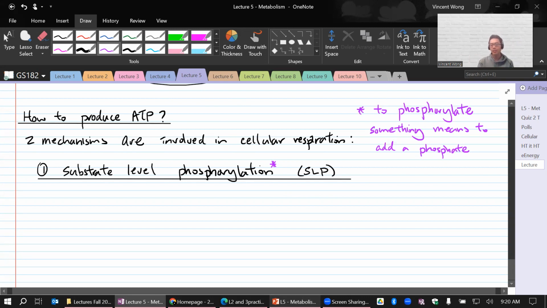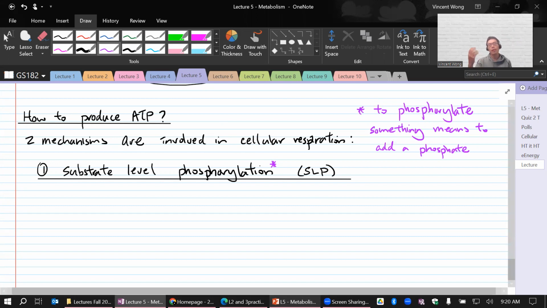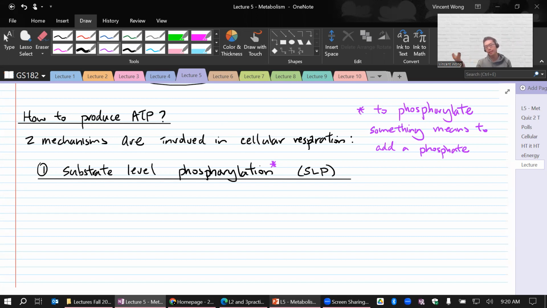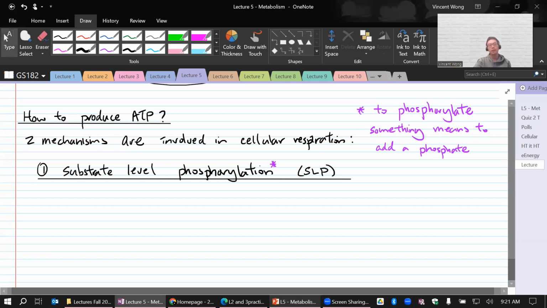So in this case, in the context of creating ATP, what are we phosphorylating? Let me repeat my question. To phosphorylate is to add a phosphate to something. So in the context of producing ATP, what are we phosphorylating?